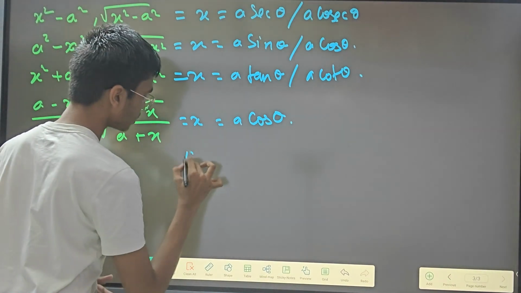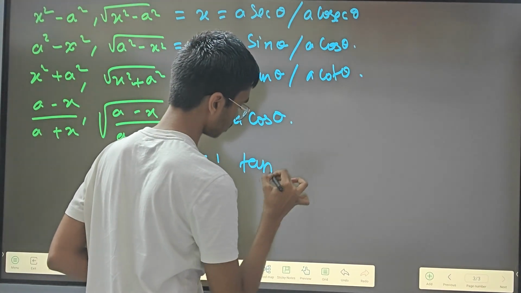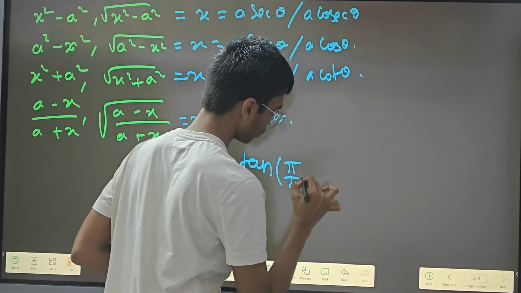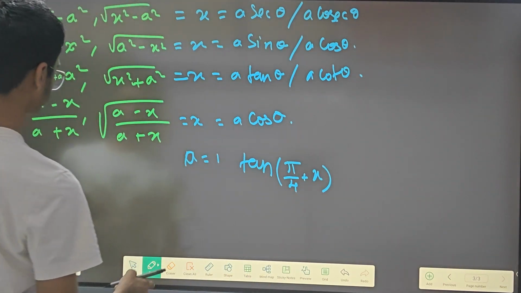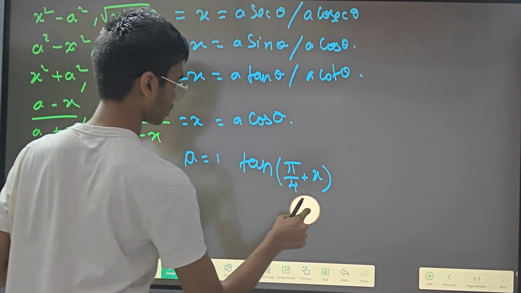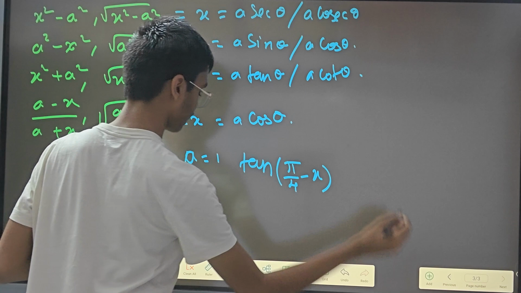Mostly when this a is equal to 1, you will be using the formula of tan of pi by 4 plus x, minus x.